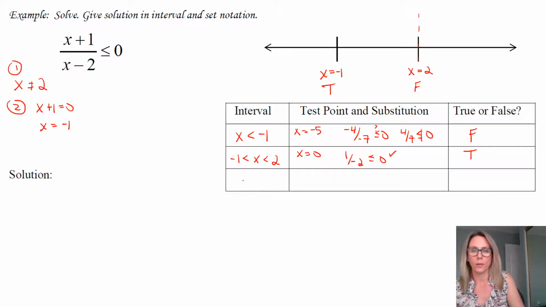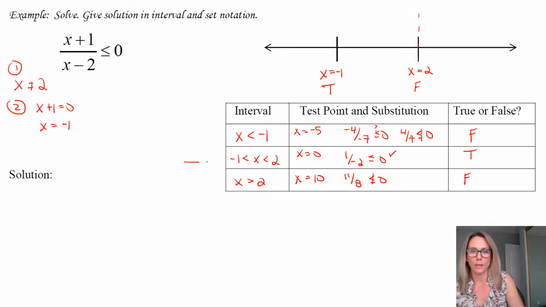And then anything greater than 2, so x is greater than 2, we check something there. I'll get real crazy. I'll put in 10. Our numerator is 11. Our denominator is 8. Asking if that's less than or equal to 0, we can pretty easily see that that is not true because it is positive. And so that's another false interval.